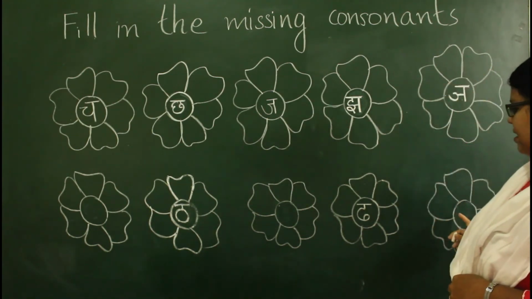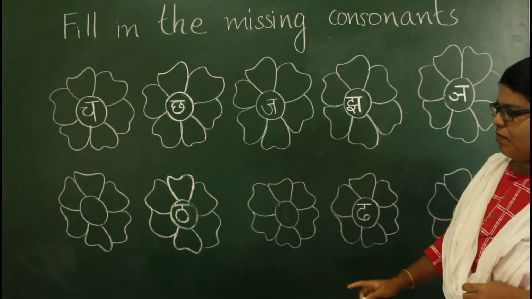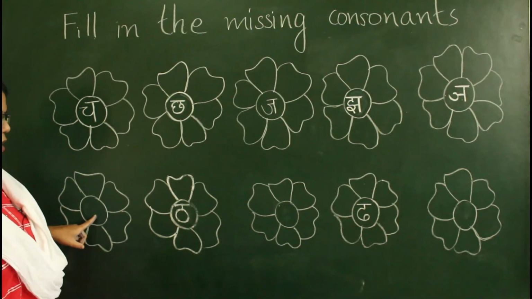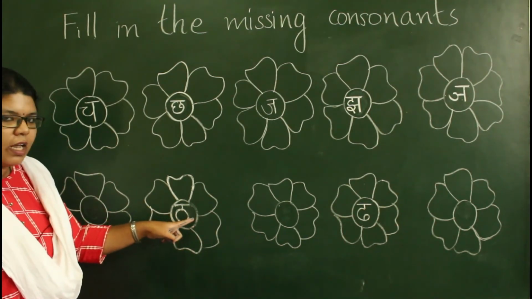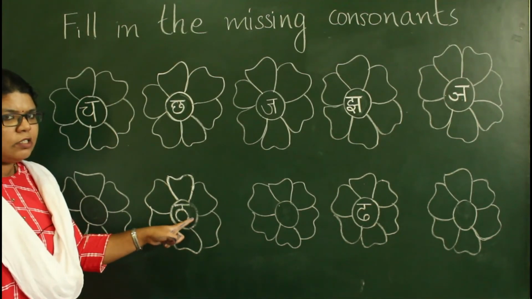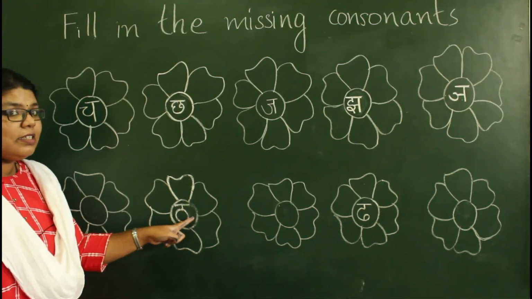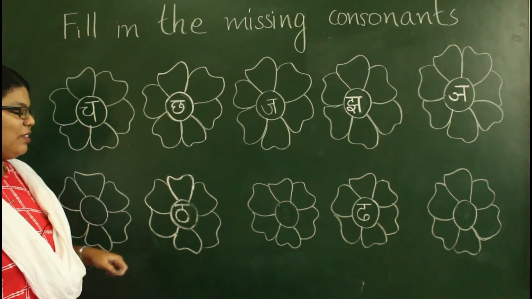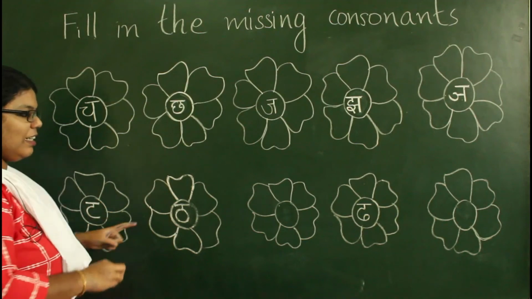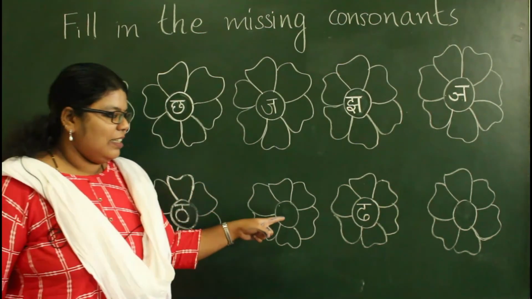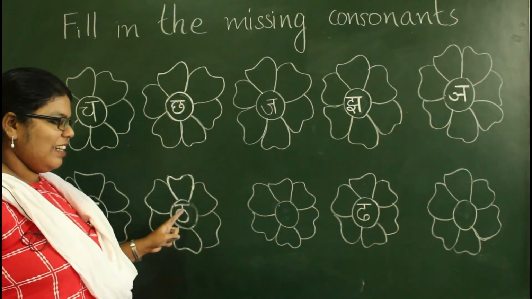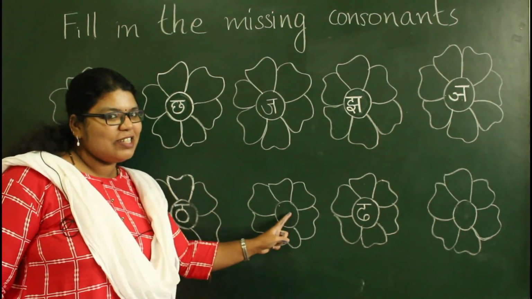Yes. Now let's see here the second one. Here the consonant is missing. Which is the second consonant here? Tha. Then what will be the first consonant? Yes, very good. It's ta. Dash da. Which consonant will come here?